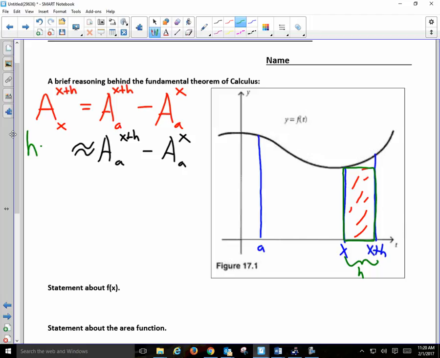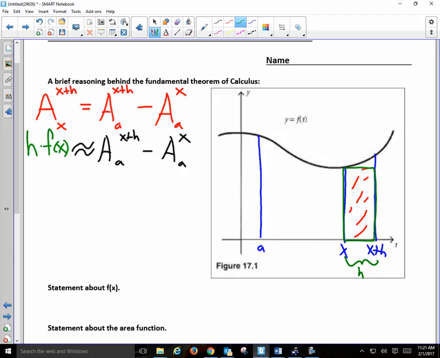At X. And Sean, how do I get the height? What do I do with the X? You plug it into the function and you get f of X. So that green rectangle is approximately equal to the area that I want as a whole.